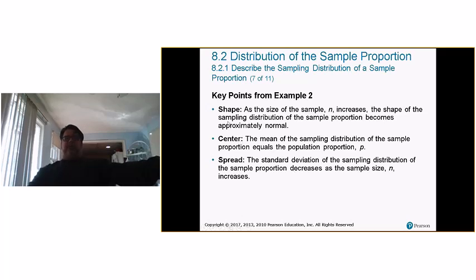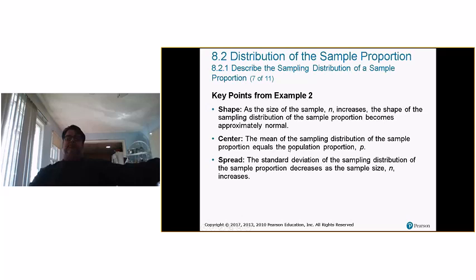Just say shape. As n increases, the shape of the sampling distribution of the sample proportion becomes normal. As n increases, the shape reaches normality. The center: the mean of the sampling distribution of the sample proportion equals the population proportion.